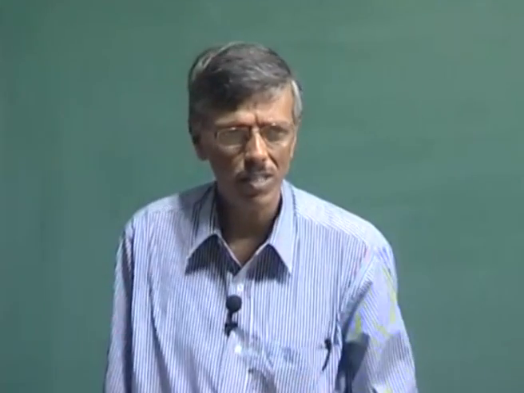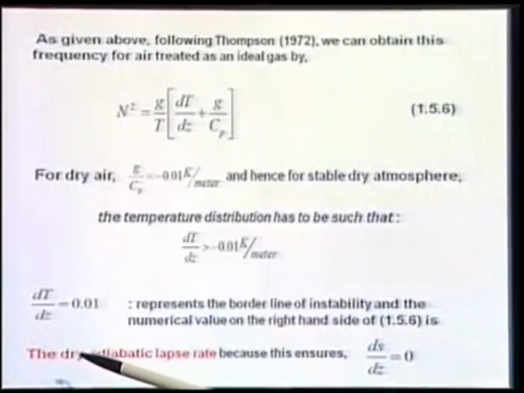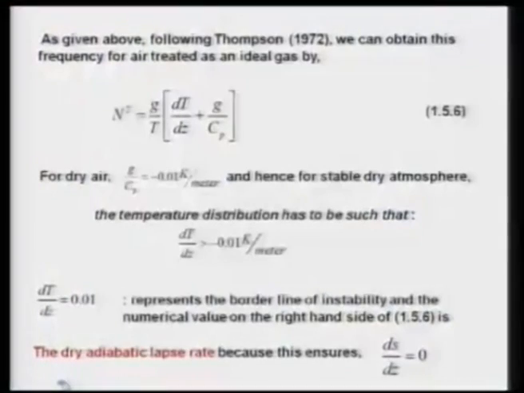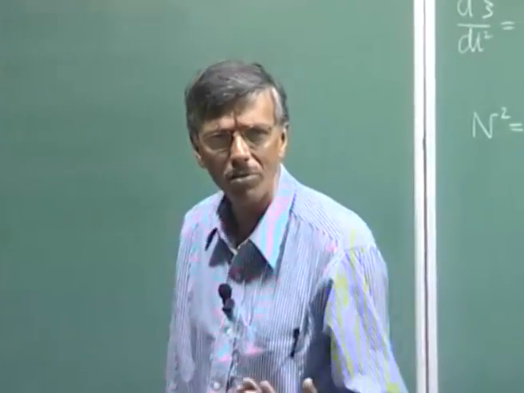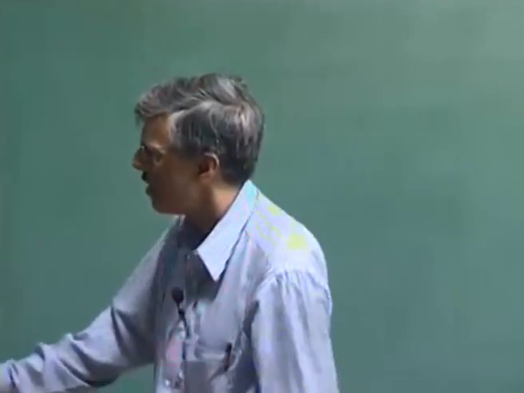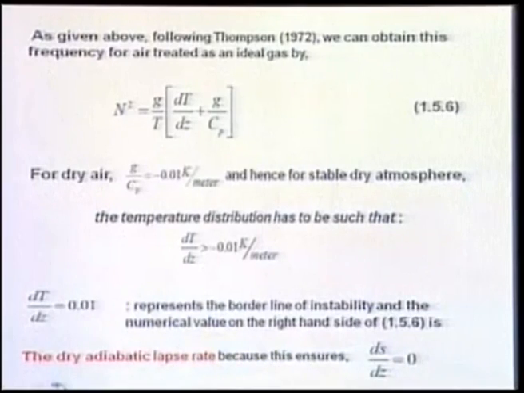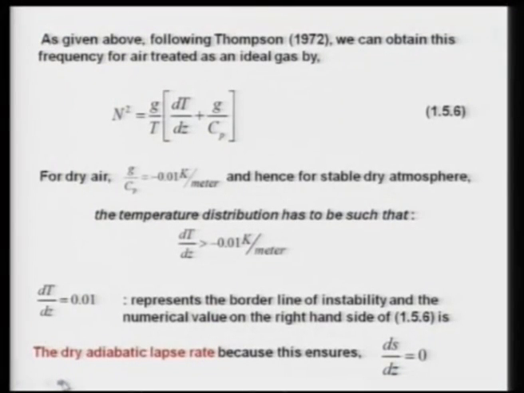So, that is your isentropic case. That is why this quantity is called the dry adiabatic lapse rate. Why is it dry? Because the value of Cp is calculated for dry air. If you are interested in a particular composition of air, you can estimate the value of Cp of the mixture, and then this value may vary somewhat, and correspondingly the lapse rate also will vary. Okay. So, this is the motivation.